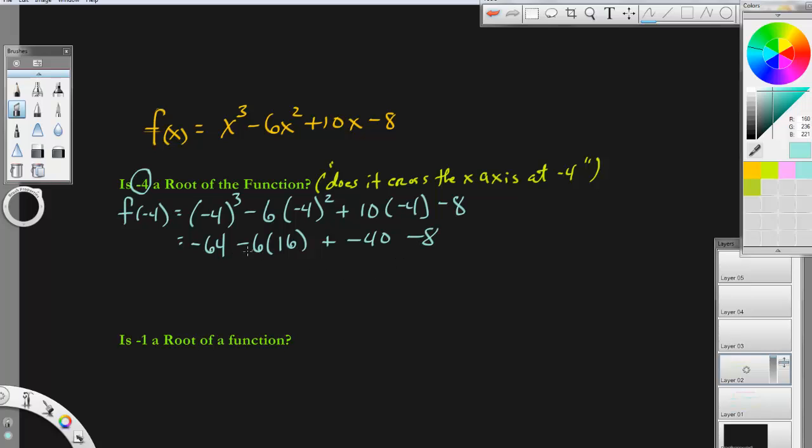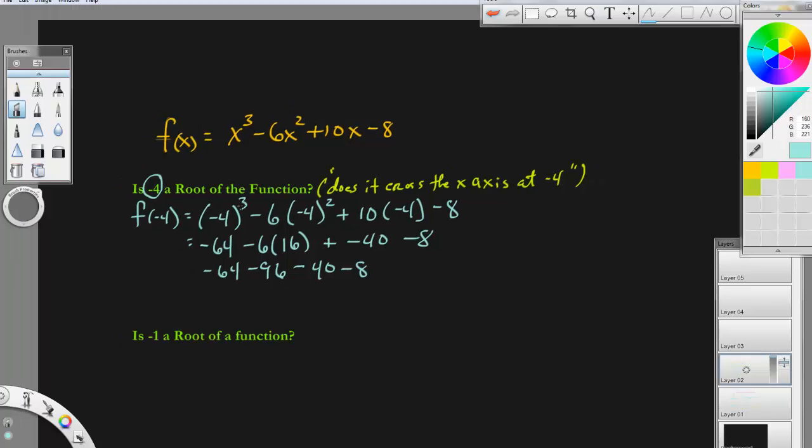So it's -64 minus 96 minus 40 minus 8. Okay, so when you expand this out, you're going to get -208. If you get anything but 0, the answer to this is no. So we would write no to that.